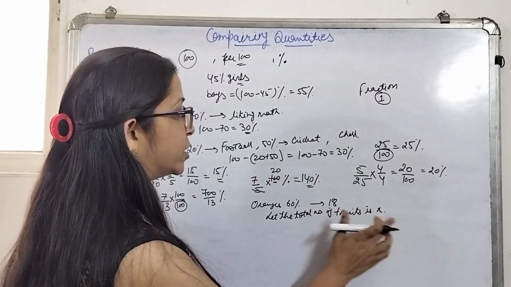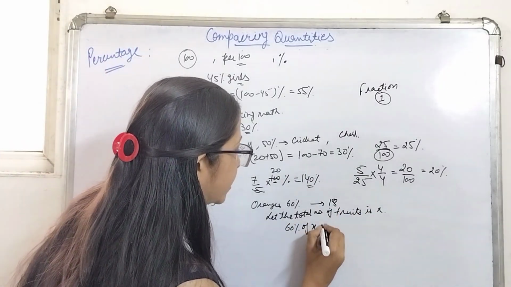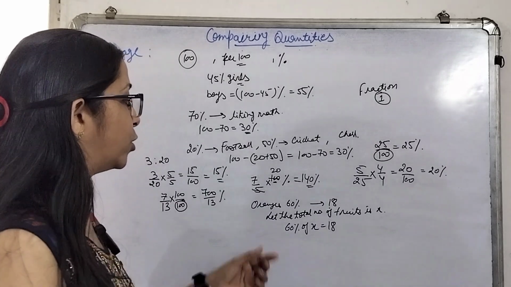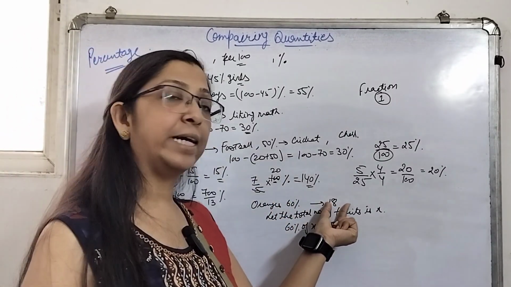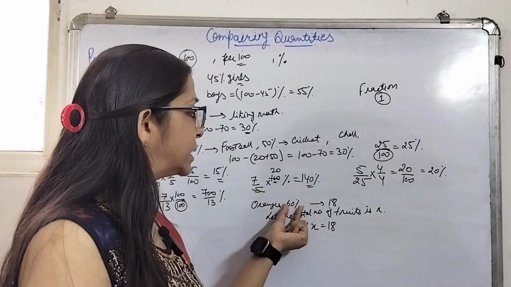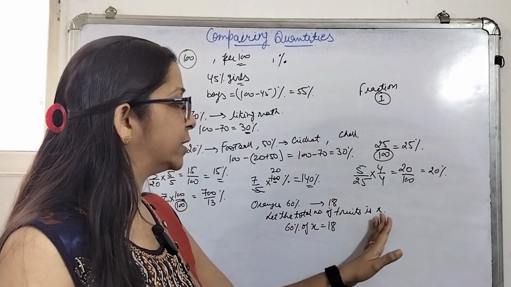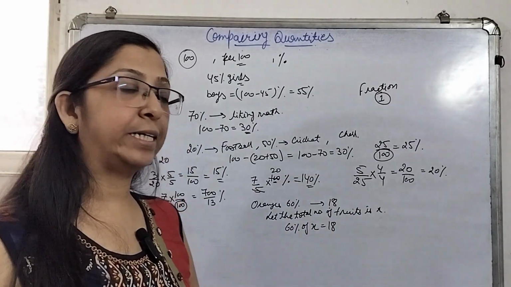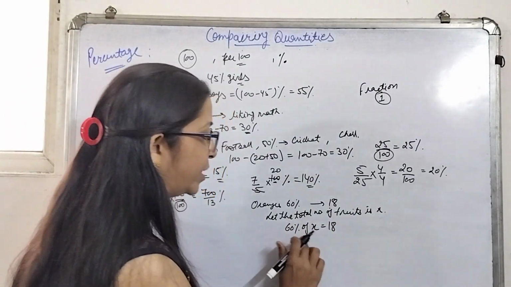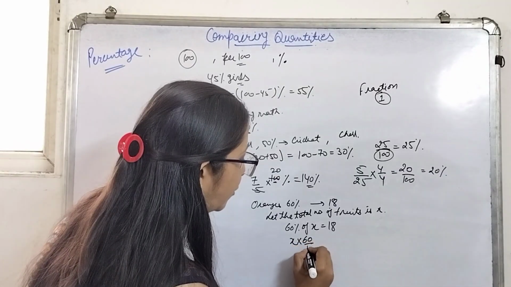Now 60% of this x is your 18, because oranges are 60% of the total fruits, and that is equivalent to 18. Now 60% means multiplication. 60% of x means x multiplied by 60 upon 100.